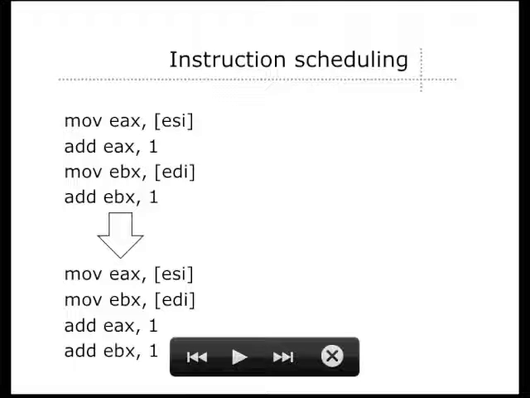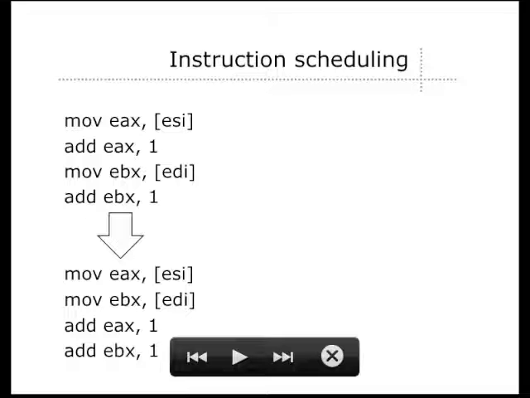So the compiler, in that case, will choose the order that results in the fastest operation of the program. So here you have two assembly sequences that are equivalent, but one of them will be slightly faster. So here we're loading a value from memory into EAX and then adding 1 to it. And then underneath that, we load a value from EDI into EDX and then add 1 to it as well.